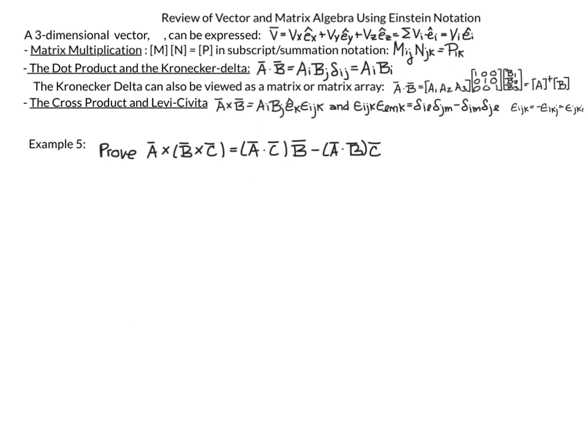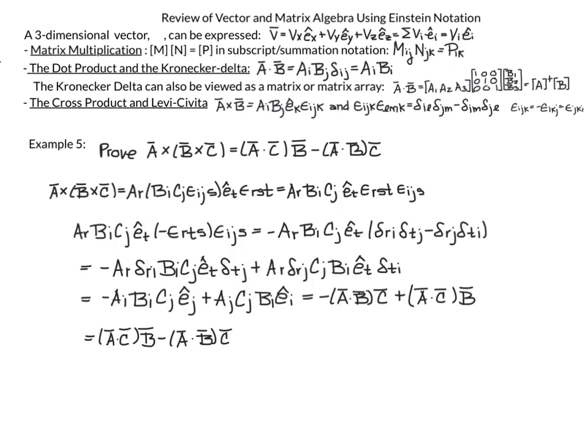This next example is similar to one we had done, example 2, in the previous slide, but we want to prove now that the vector A cross B cross C is equal to A dot C times B minus A dot B times C. So this first part here I got directly from our previous example.